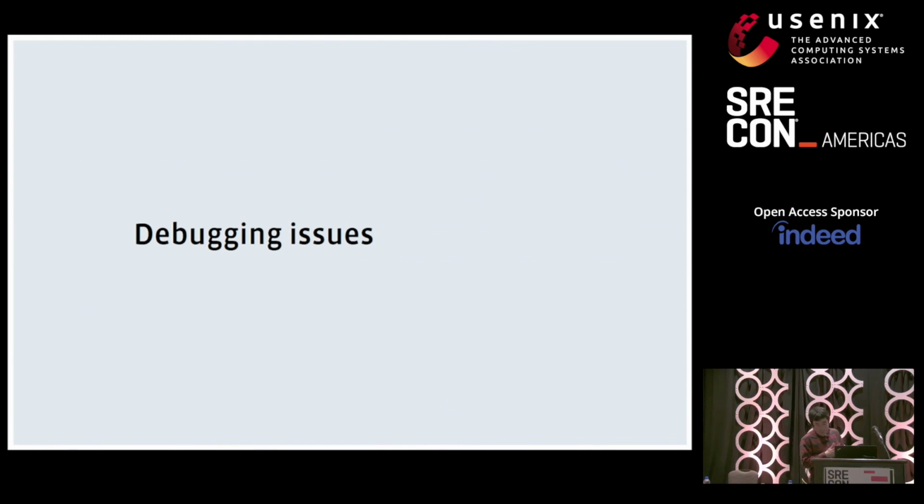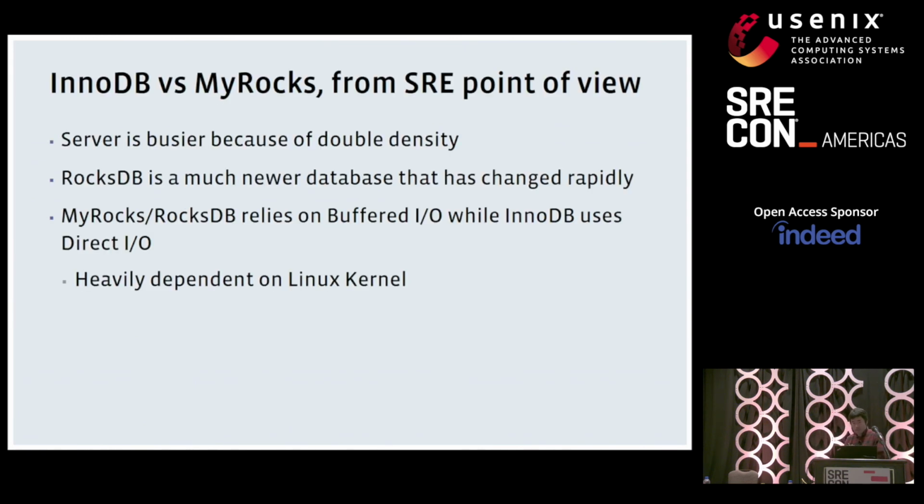The more interesting stories were what issues we faced during and after migration. I'm going to talk about four different case studies we faced in production migrations. InnoDB versus MyRocks, from my SRE point of view, has several important differences.